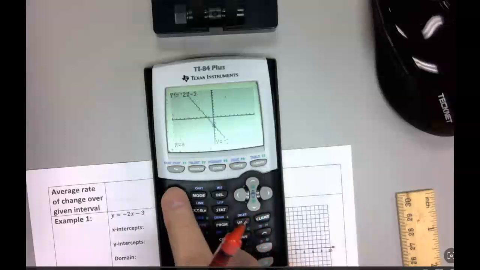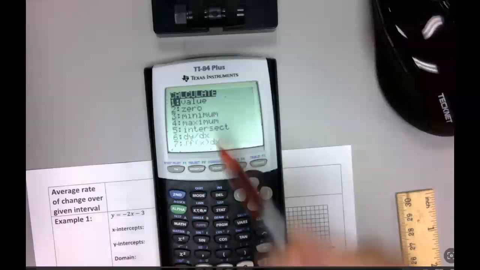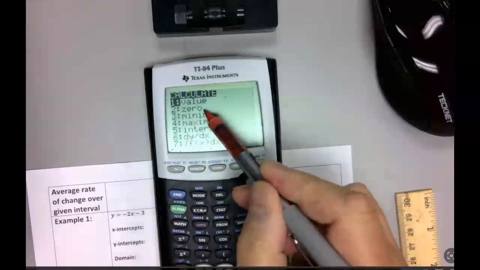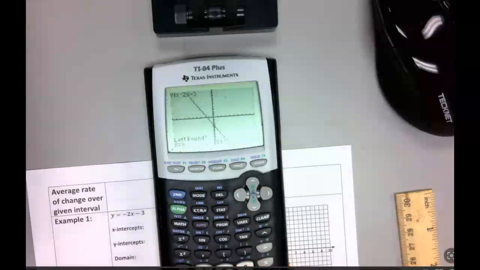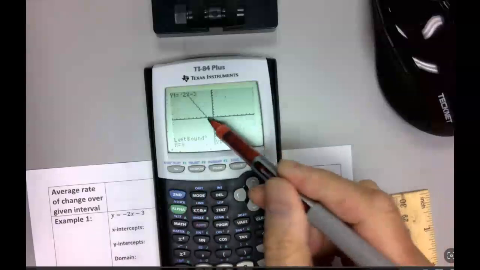First hit the blue key, blue trace, and you see where it says zero? Hit zero, number 2, and the zero is where the graph intersects the x-axis.